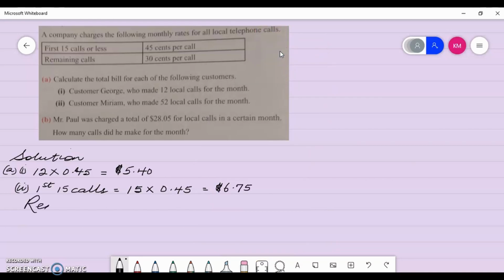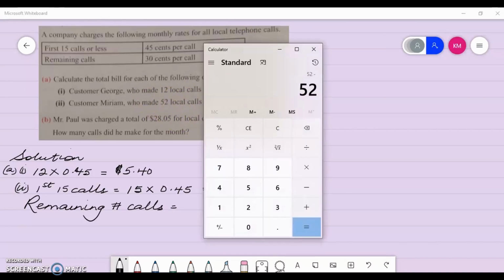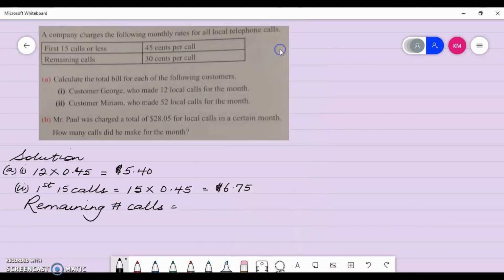Now we need to calculate what is going to be the remaining number of calls. So the remaining number of calls is going to be, it's a total of 52 calls. So it's going to be 52, take away that first 15 calls, it's 37 calls.